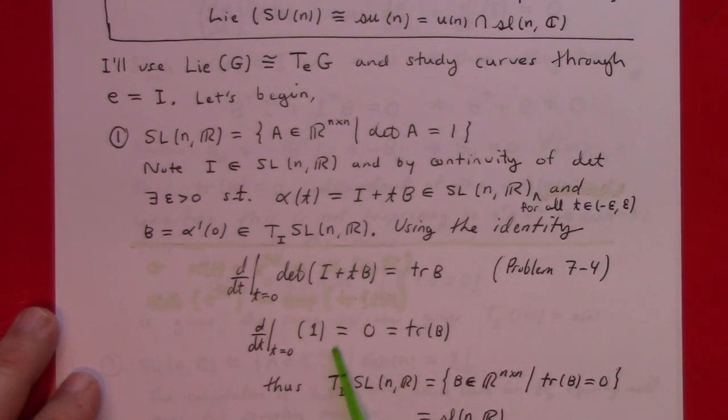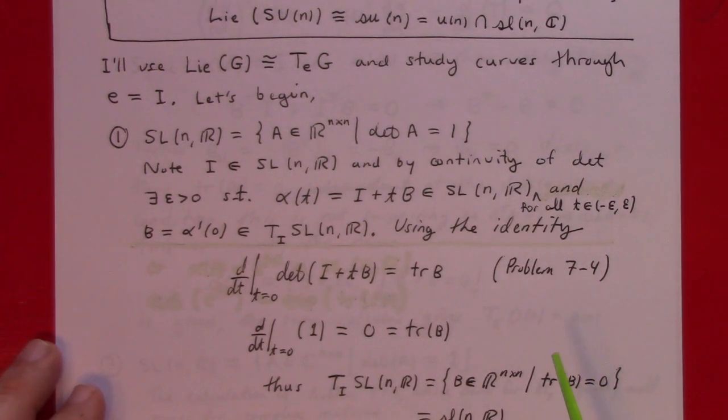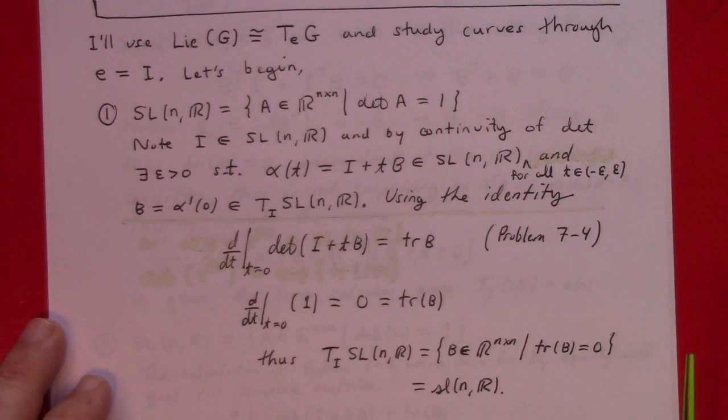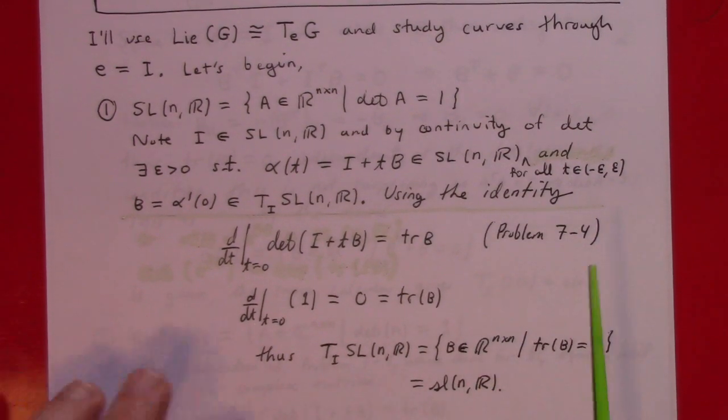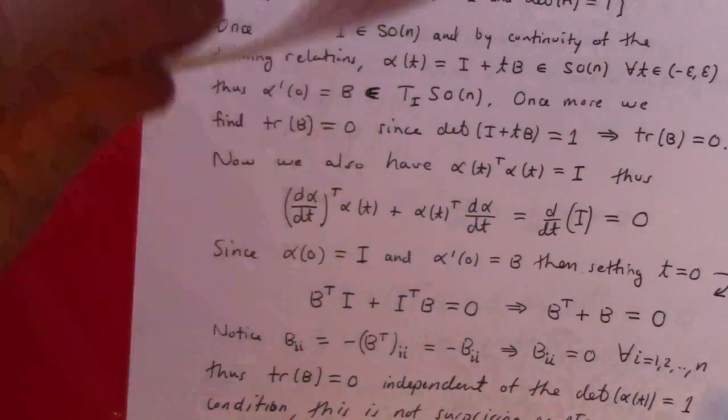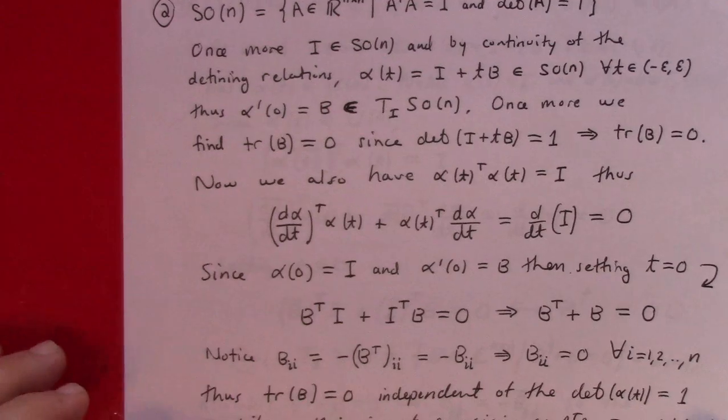The derivative of 1 is 0, so we get 0 is equal to the trace of B. So apparently the tangent space at the identity of big SLN is the traceless n by n real matrices, which is called little sl n. The little s is for the Lie algebra, the big S is for the Lie group. This is the standard nomenclature.